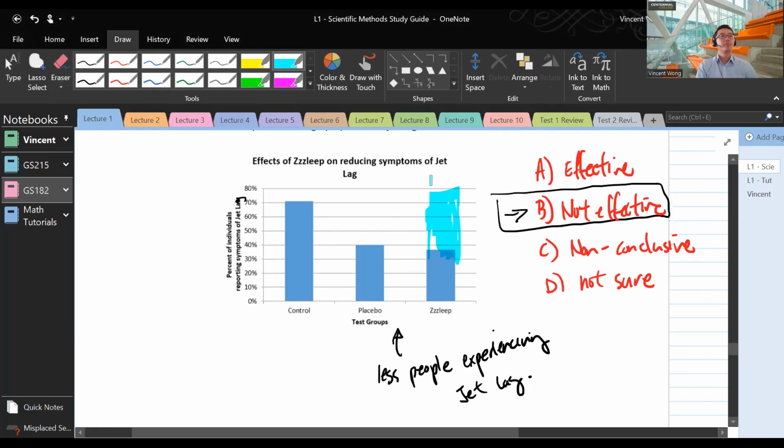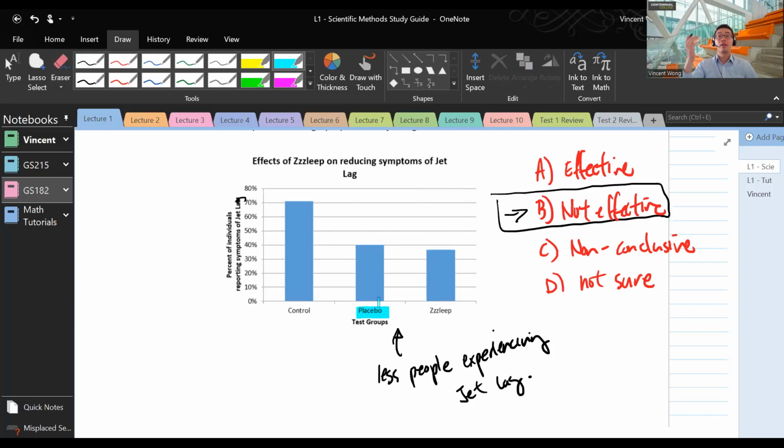What do you think? I think the placebo one should be higher and that the drug one should be lower. That's right. So again, the placebo is a sugar pill, right? So the sugar pill is supposed to do nothing to you.